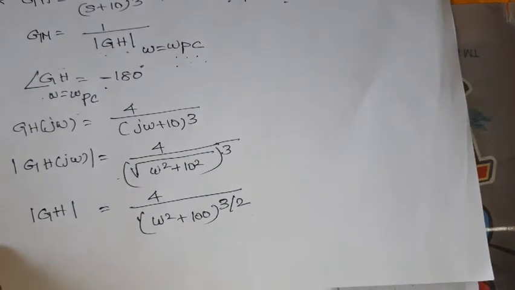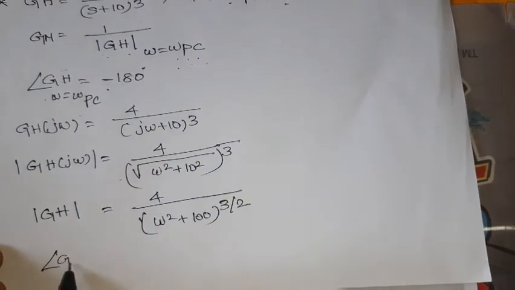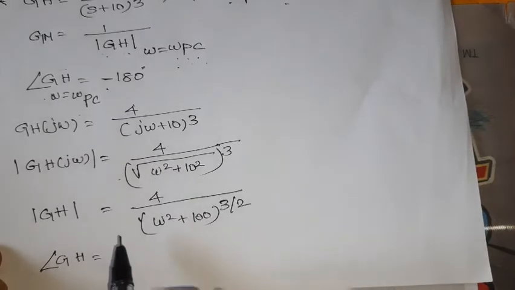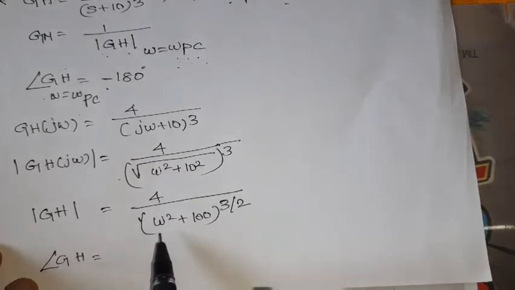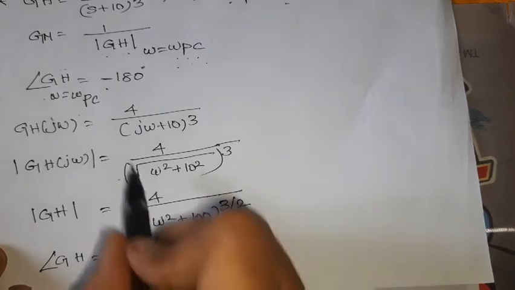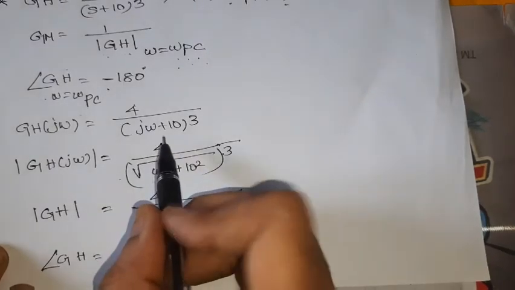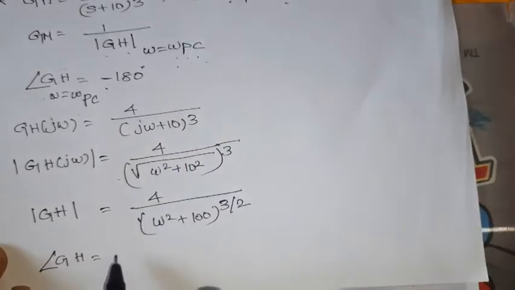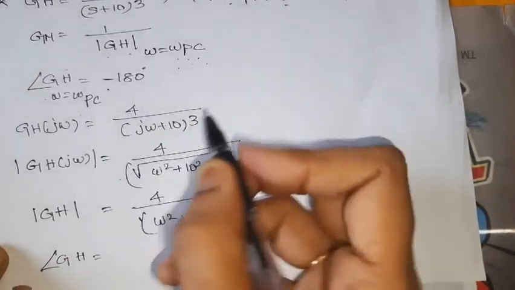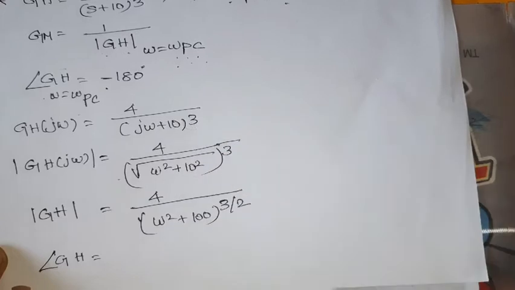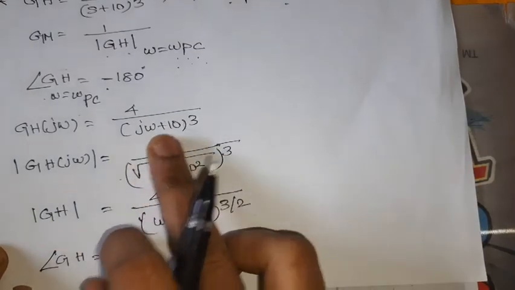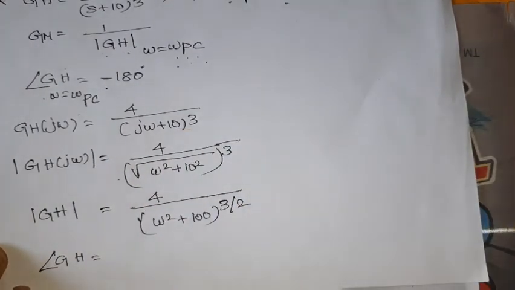Now we have to find the angle of GH. Here we have j omega plus 10 in the cube and also in the denominator. Cube means it is 3 times, so it can be expanded into (j omega plus 10) into (j omega plus 10) into (j omega plus 10).